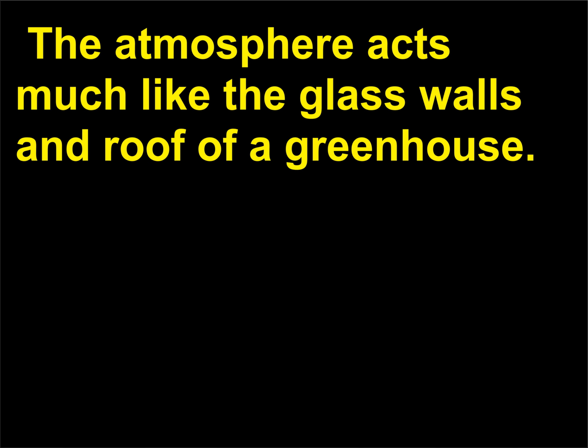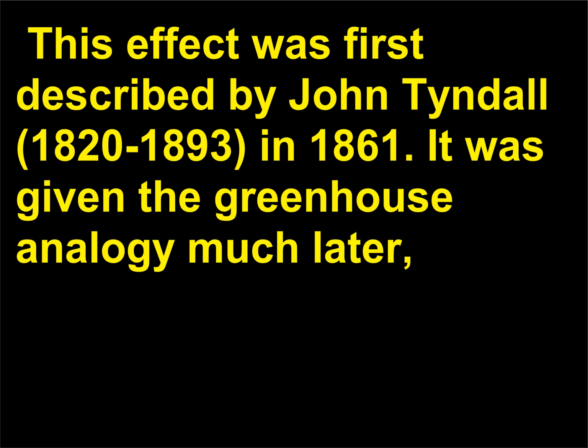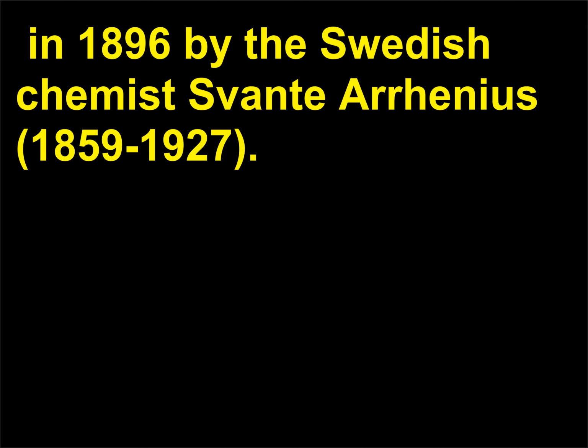The atmosphere acts much like the glass walls and roof of a greenhouse. This effect was first described by John Tyndall, 1820 to 1893, in 1861. It was given the greenhouse analogy much later, in 1896, by the Swedish chemist Svante Arrhenius, 1859 to 1927.